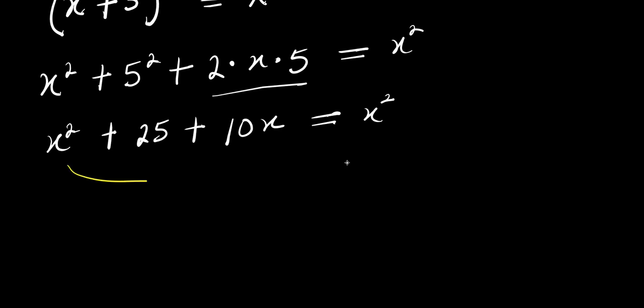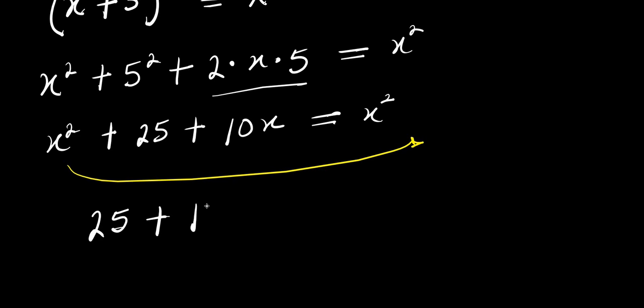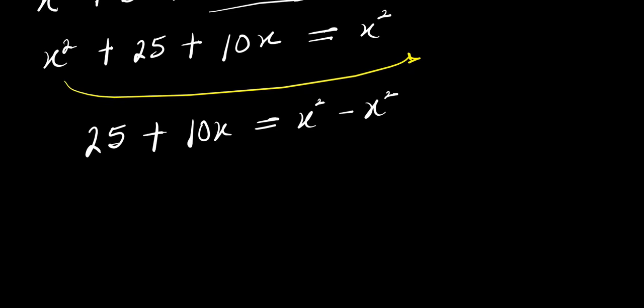So let's move this over here. This will be 25 plus 10x equals x squared minus x squared, because this becomes negative. So from here, we have 25 plus 10x equals 0.